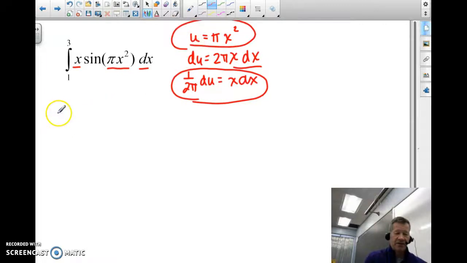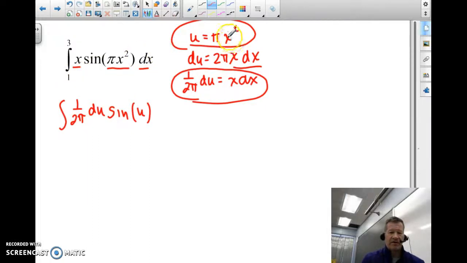So here we go. In place of x dx, I'm going to put 1 over 2 pi du. In place of pi x squared, I'm going to put u. So I've got sine of u. Now what? Put 1 in here. Pi times 1 is pi. Put 3 in here. 3 squared is 9. 9 times pi, that would be 9 pi.